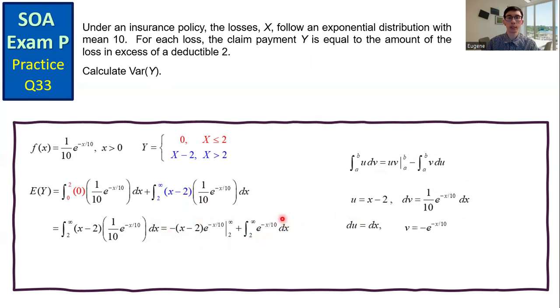And then we can do the integration in the second term. The first term is 0. So substitute the upper limit and the lower limit for the second term, and we get the expected value for Y is 10 times e to the power minus 1/5.